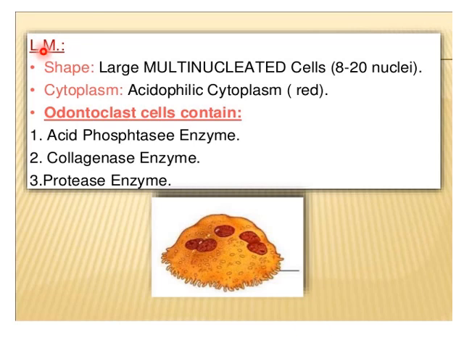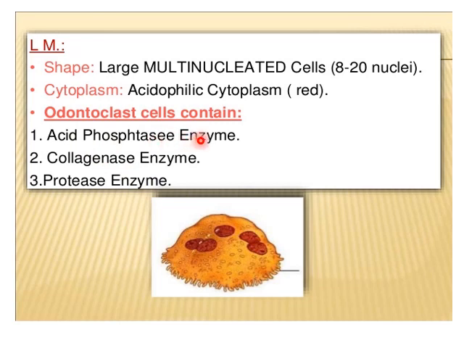At light microscopic level, the odontoclast is shaped as a large multinucleated cell, with about 8 to 20 nuclei. The cytoplasm is acidophilic, meaning red in color at the light microscope. The cell contains acid phosphatase enzyme, collagenase enzyme, and protease enzyme.